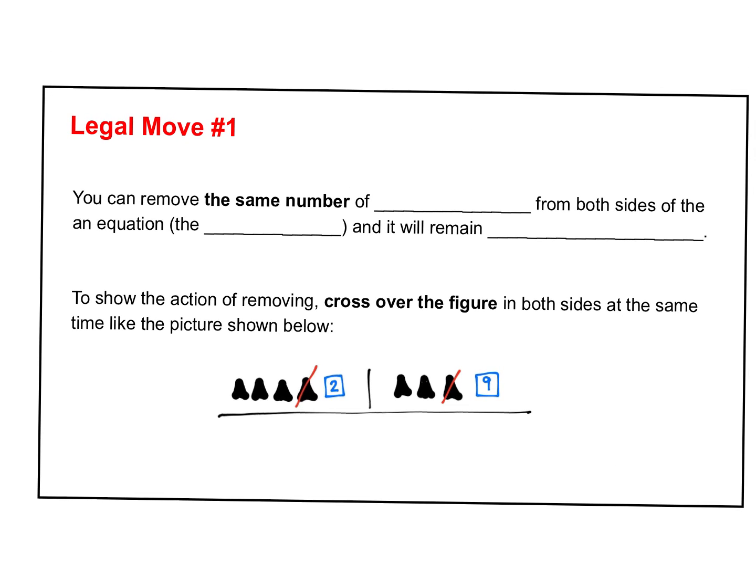So for our information, we can remove the same number of triangles from both sides of the equation, which is the variable or the unknown, and it will remain balanced.